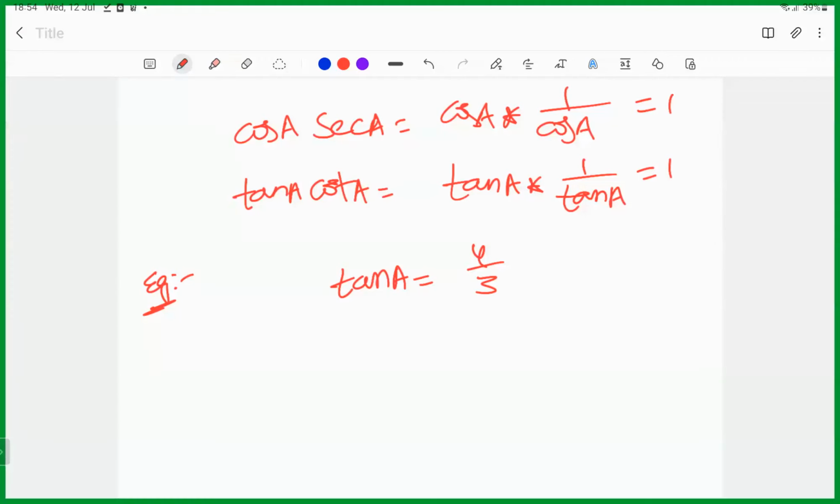First use Pythagoras theorem. So the opposite side value is 4K, adjacent side value is 3K, and the hypotenuse value is 5K. So now you can get sin A, cos A.